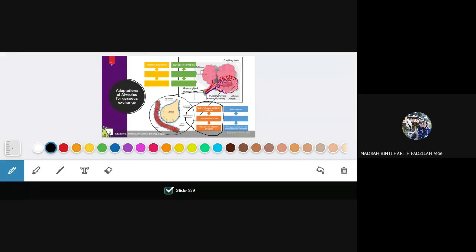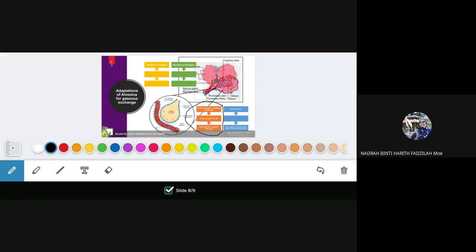Ada lagi satu karakteristik yang penting pada wall of alveolus that allow gases to dissolve and diffuse. And then kita move on to the number of alveolus. What is the characteristic and what is the function for that particular characteristic? And then we take a look at the surface of the alveolus. Apa karakteristik dia? Dipenuhi atau dilitupi dengan apa? Dan kesan dia kepada function.